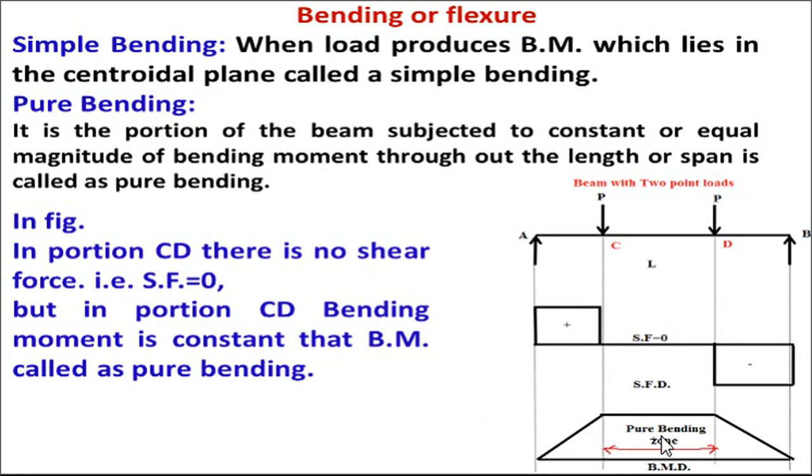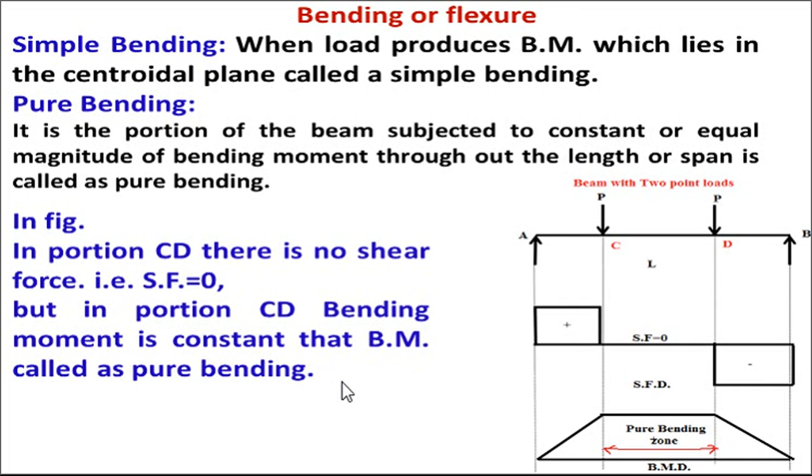This part of the beam will be under pure bending because bending moment is constant in this zone where shear force is zero. Same thing I have written here. In portion CD there is no shear force, that is, shear force is zero, but in portion CD bending moment is constant. That is called pure bending.